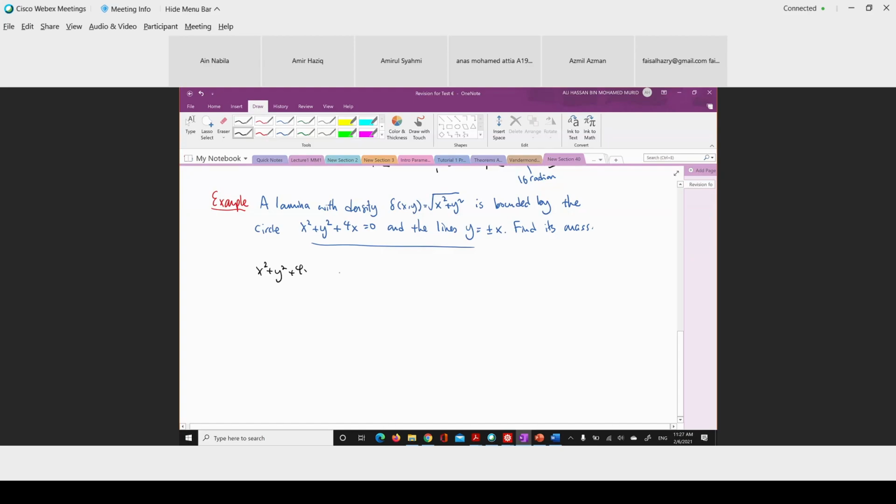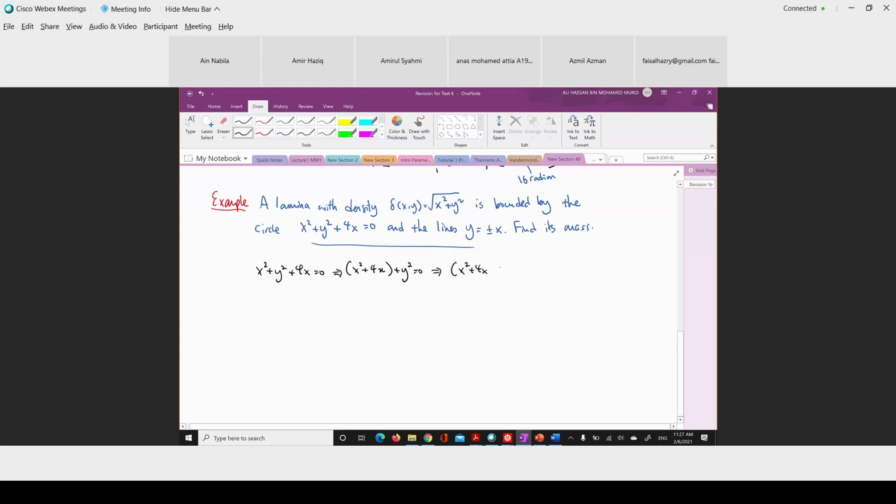We can complete the square for the term with x. You need to know this; we have used it several times. So how do you complete the square? x squared plus 4x plus 4 minus 4.